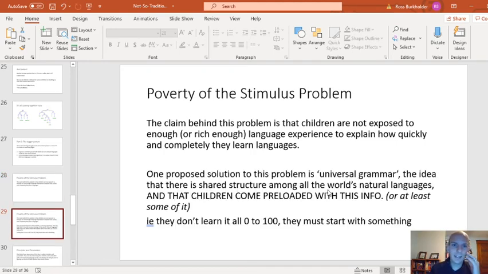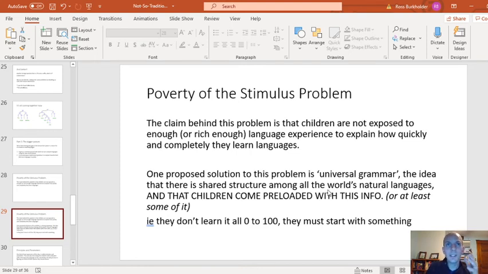And what syntax and grammar has contributed as far as a solution to this problem is that children, they don't start at 0. They don't actually go from 0 to 100 when learning a language at birth. They start with something. They start with this cognitive mapping of basic building blocks of the way languages work, of the way human languages work.